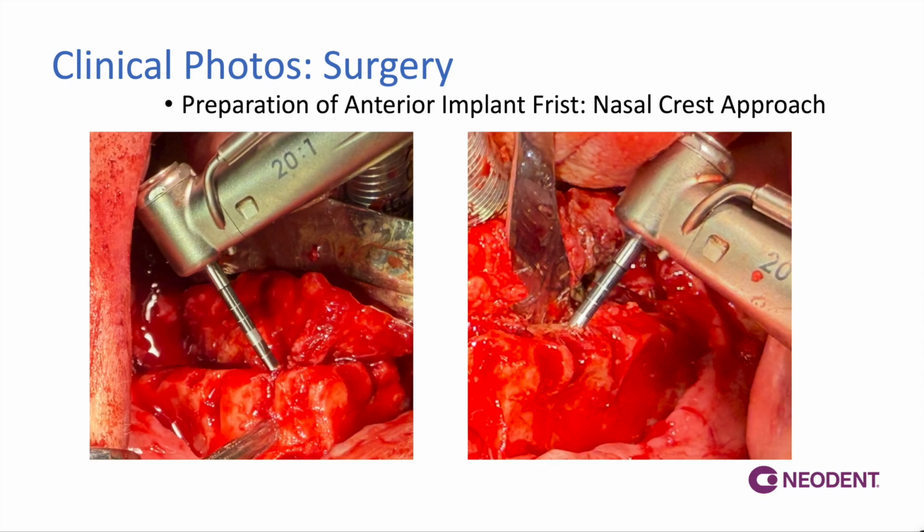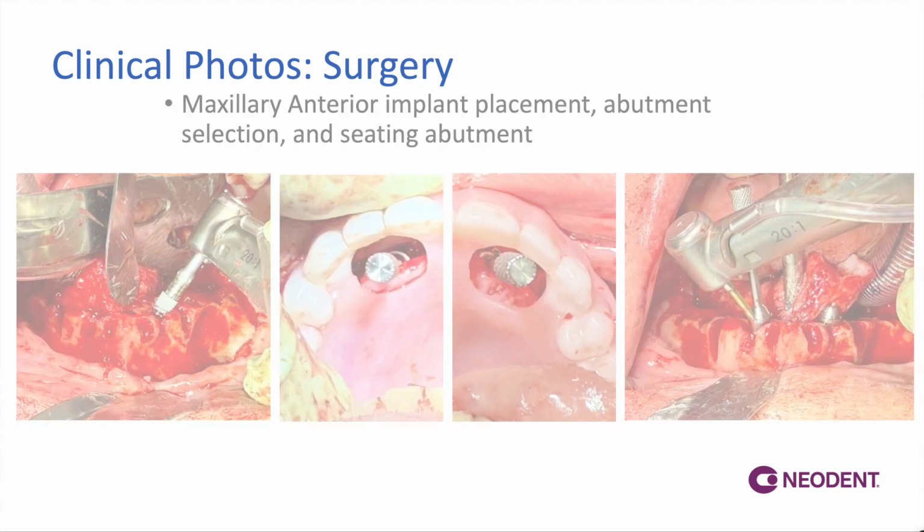My approach is always to go to the nasal crest when possible, because this gets our implants shifted to the midline, away from possibly interfering with our posterior implants. So nasal crest approach is done first, and here you can see that we are beginning our osteotomies.